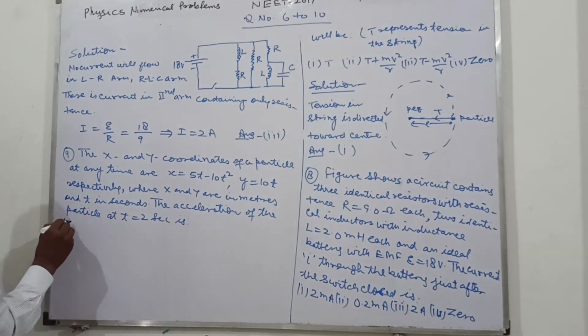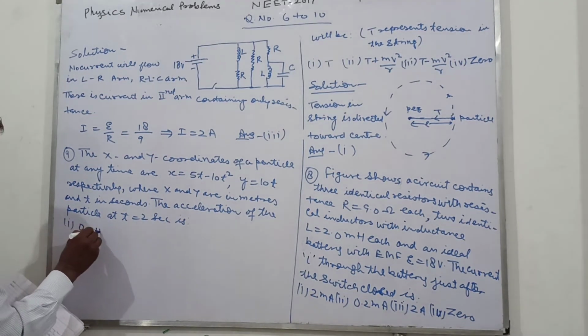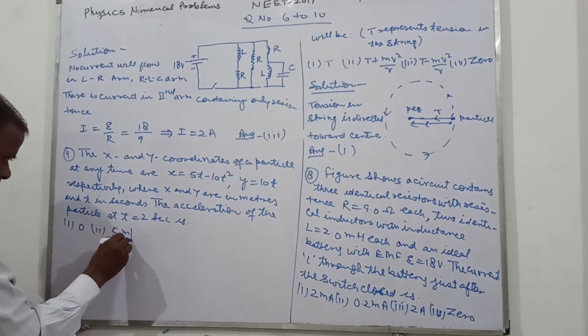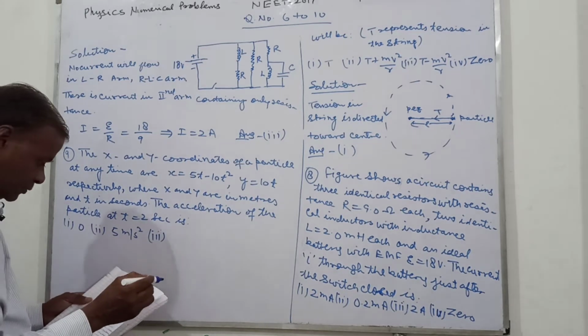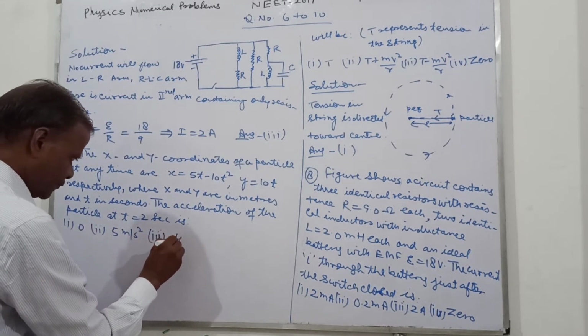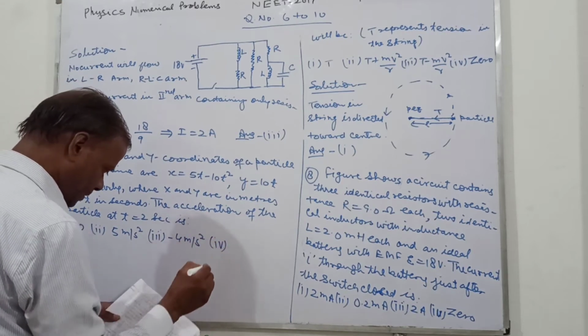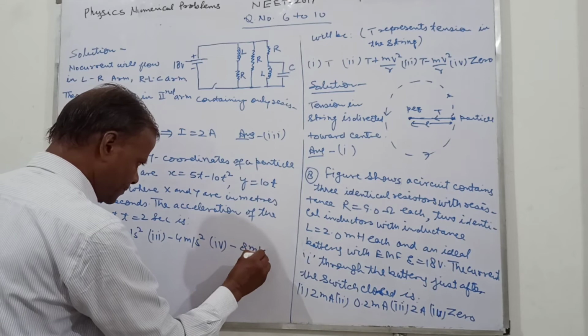Now the options. First option is 0, second option is 5 meter per second square, third option is minus 4 meter per second square, and fourth is minus 8 meter per second square.